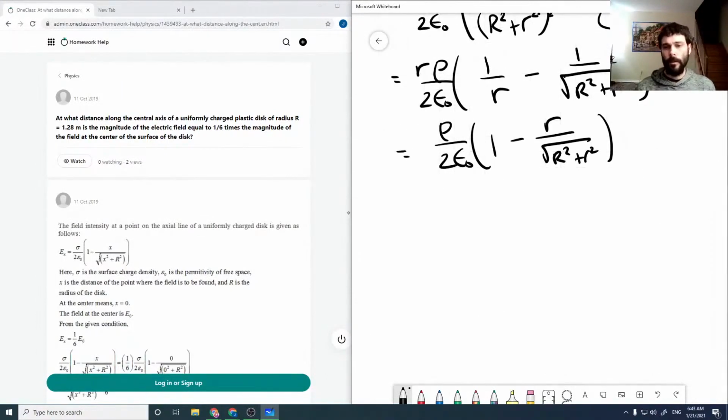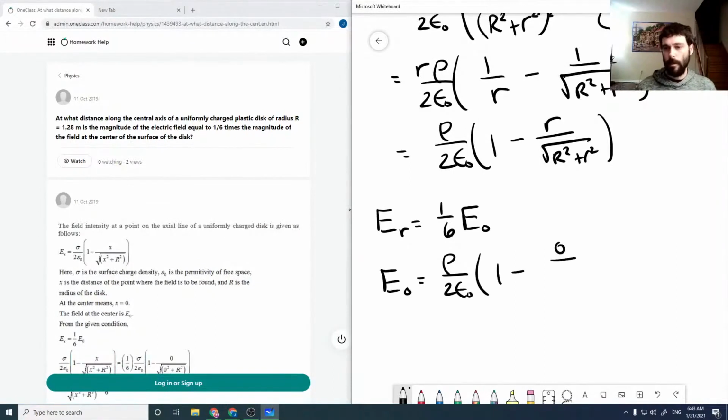So now the question is, at what point is E_R equal to 1/6 of E0? E0 is rho over 2 epsilon naught, 1 minus 0. So that whole thing goes to 0. And so it's just rho over 2 epsilon naught.